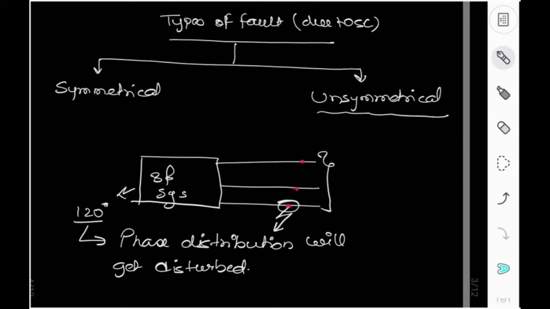So under a three-phase system, only one or two phases will experience the fault. It means the fault level experienced by all the phases is different. If the phase distribution gets disturbed, such a fault is called unsymmetrical fault.